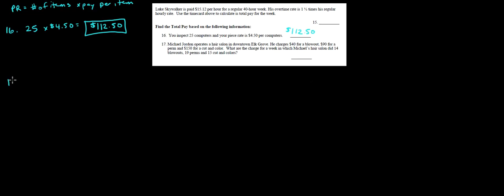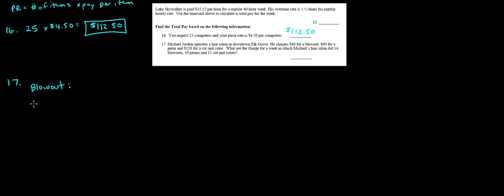For number 17, it's also a piece rate formula, but it's got several parts to it. For one, there are blowouts, there are perms, and there are cut and colors. So if we take a look here for the first one, let's just list them: blowout, cost, and pay.